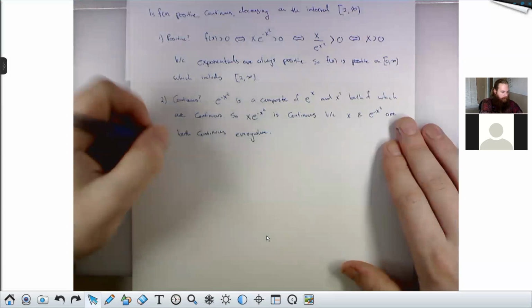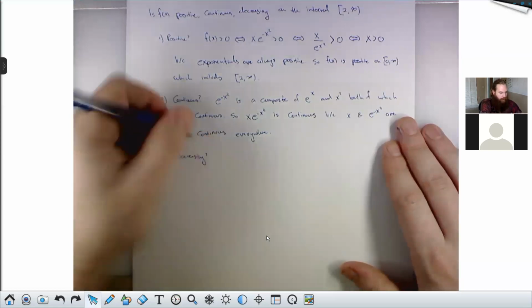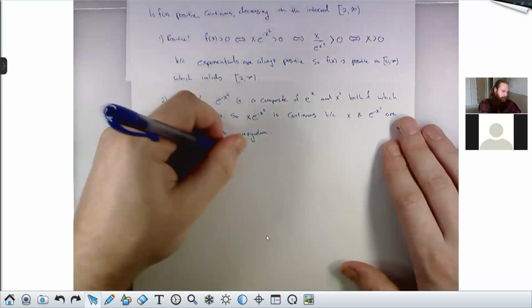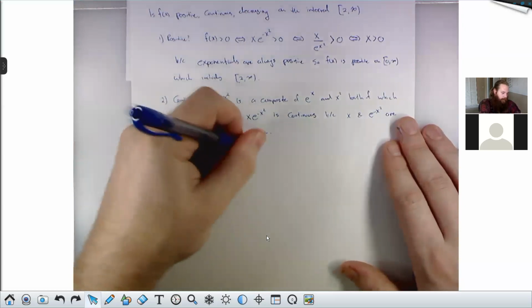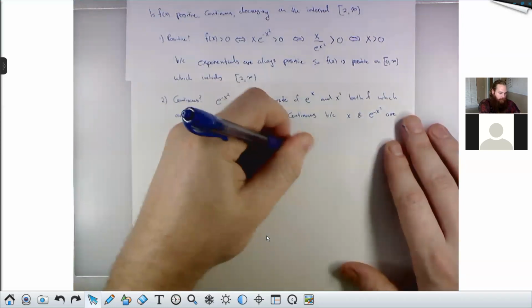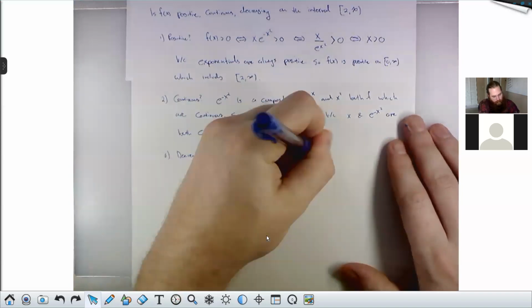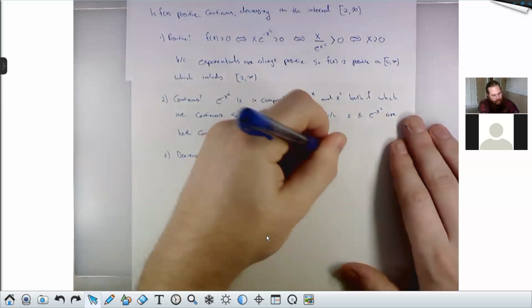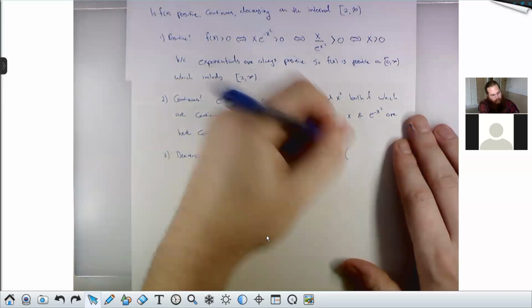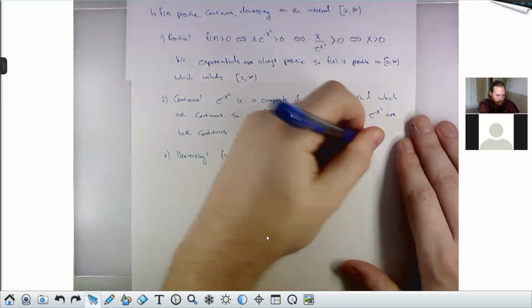Decreasing. This is where we have to do some work. f of x is x e to the negative x squared. So f prime of x, this is a product rule derivative, will be e to the negative x squared plus x times negative 2x e to the negative x squared.